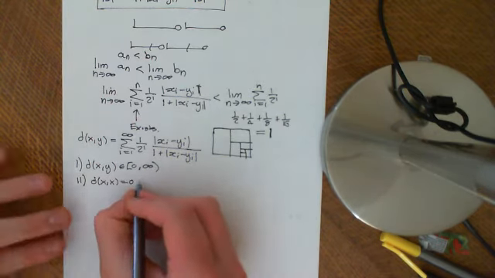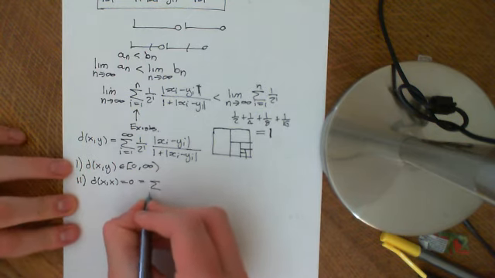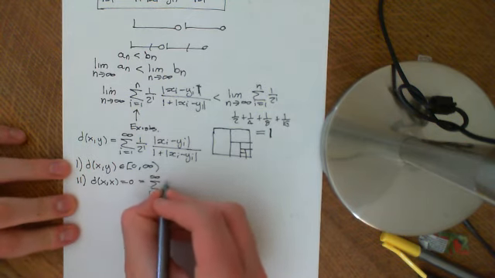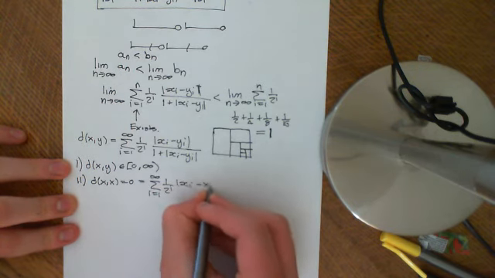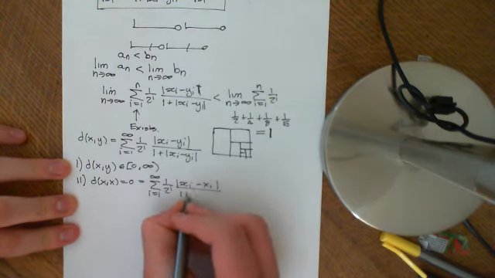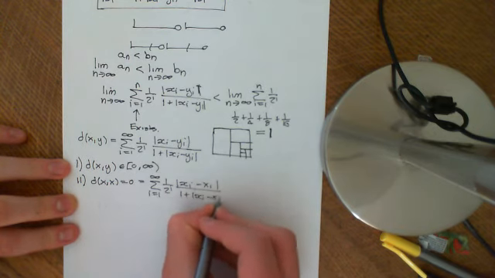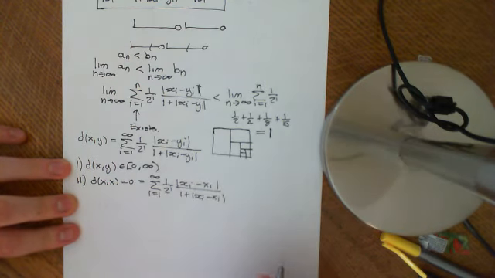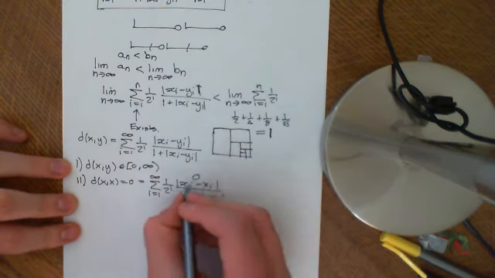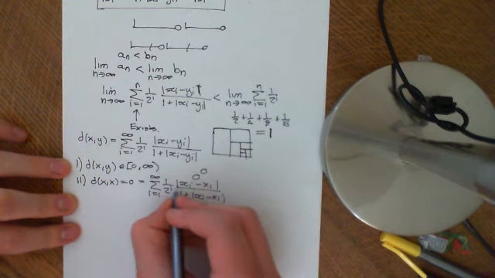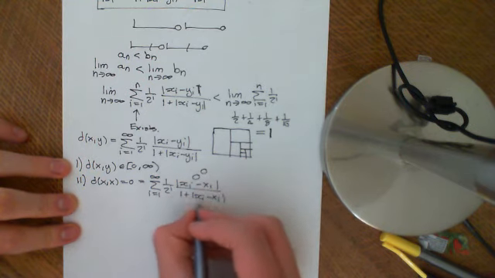The distance between x and x, by definition, is the sum from i equals 1 to infinity of 1 over 2 to the i, times the absolute value of xi minus xi, divided by 1 plus the absolute value of xi minus xi. Now xi minus xi is 0 for all i. The absolute value of 0 is 0, so we're multiplying each term by 0.